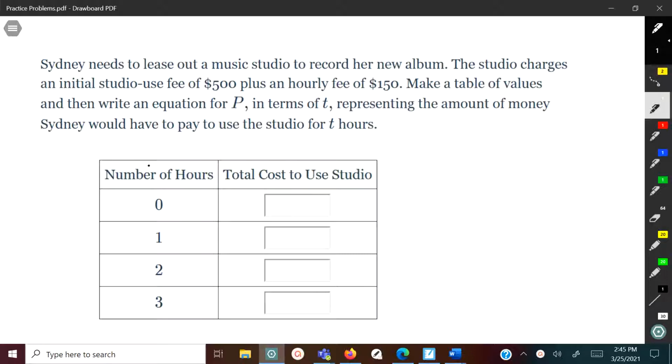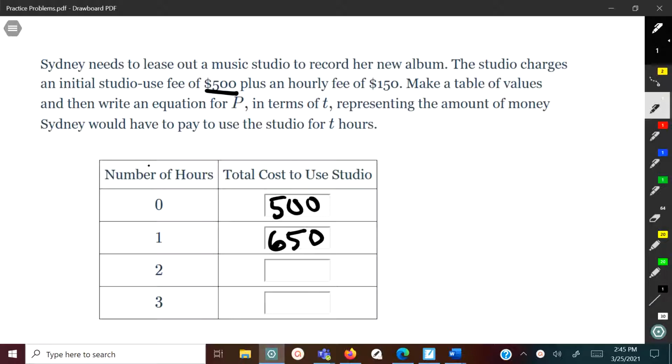Here, this is what we're doing. We know that the initial amount of money is $500, and then we're going to keep adding 150 every time. So at 0 hours, you have to pay 500 just to get in there. So that's $500. Now after 1 hour, you're going to get charged another 150, and we add that to the 500 and get 650.